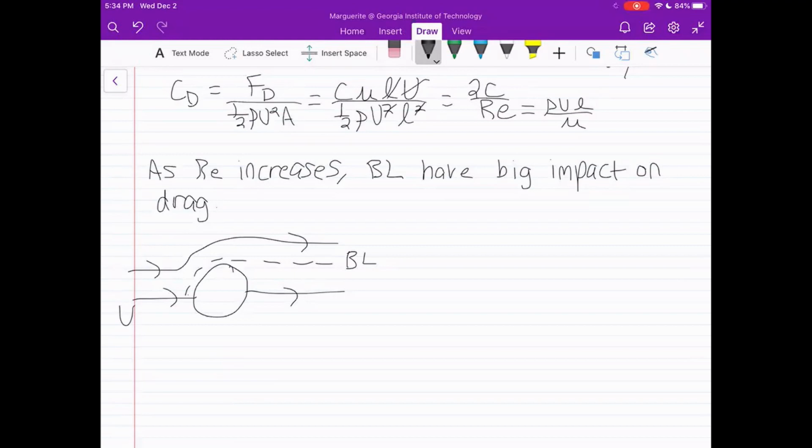And if you remember, when the Reynolds number is high, we get a separation point in our boundary layer. And here our flow separates. So between the dotted line and the blue line is our boundary layer, and below it we have some backflow in our wake.